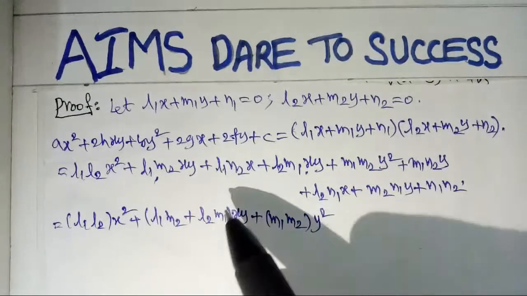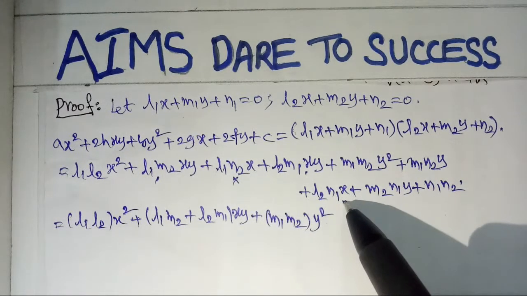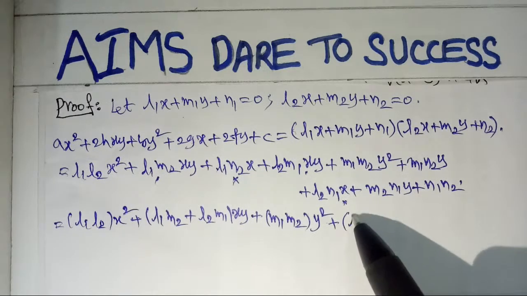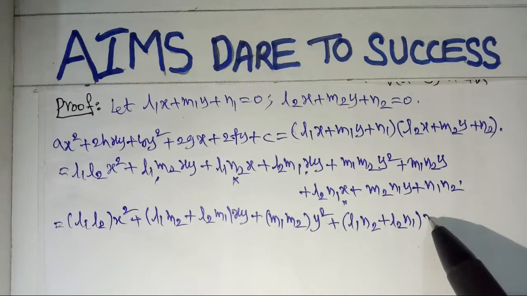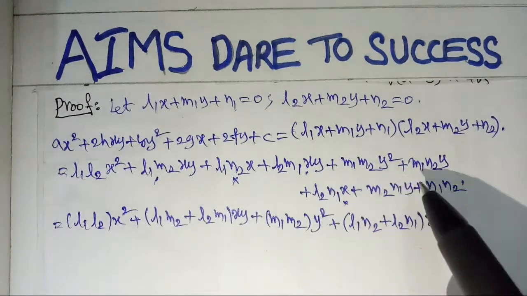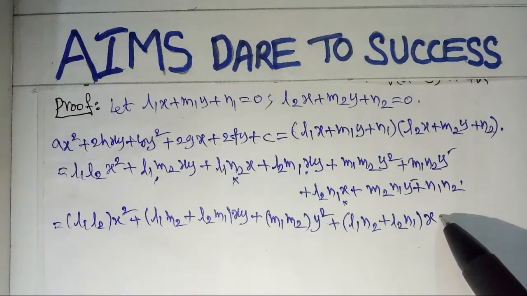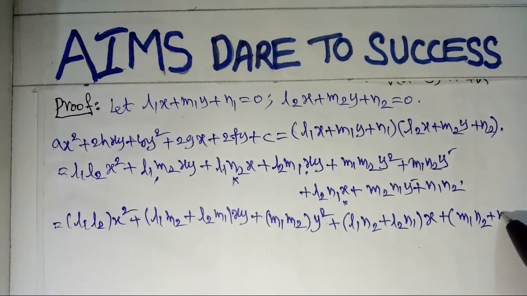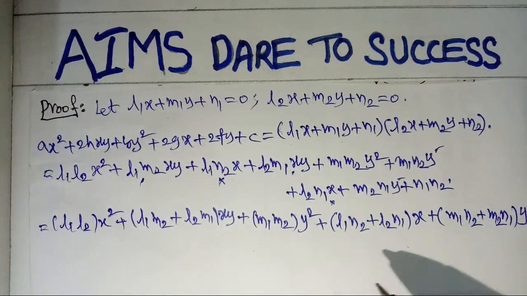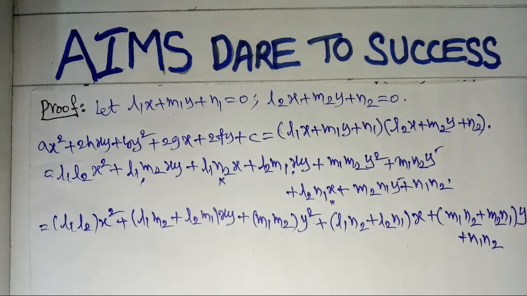After that the x term: we have two x terms, take x common, and we get (L1n2 + L2n1)x. Next the y term: we have two terms, common y, the remaining value is (m1n2 + m2n1)y. After that the constant term, n1n2.